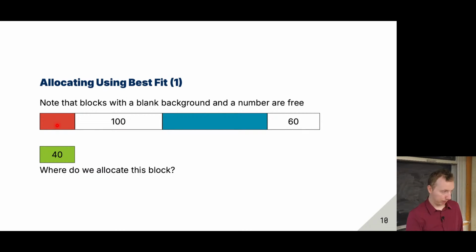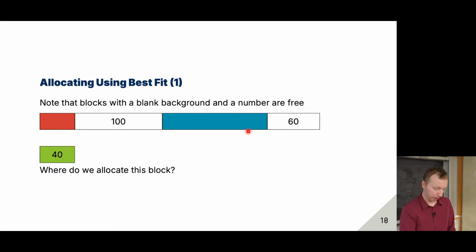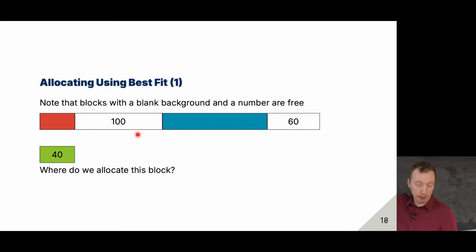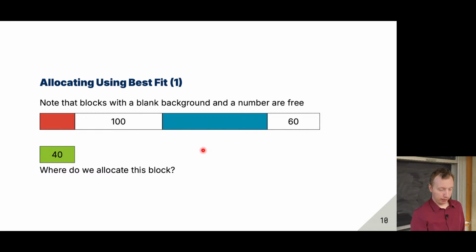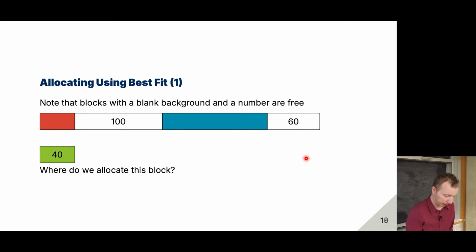Someone has made an allocation that is in the red. And then they also made a bigger allocation, which is in the blue or teal or whatever that color is. And then the blank boxes here are free space. So there is 100 bytes free here, and the other entry would say there are 60 contiguous bytes free here.